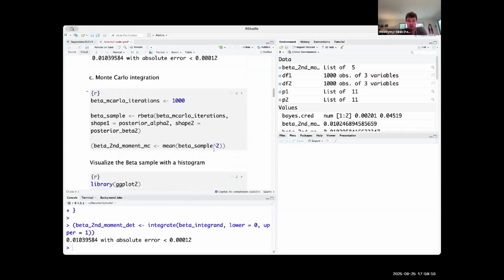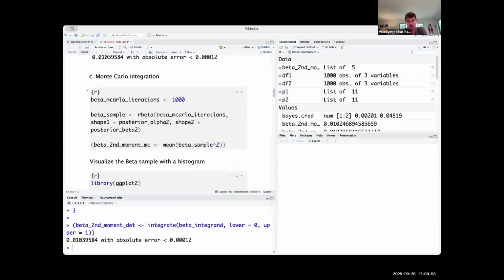Now we can do Monte Carlo integration. Suppose I draw random samples using the rbeta function. We're going to draw 1,000 samples from a distribution with parameters given by our posterior formulas that we defined already. And I'm going to return the mean of these samples, but I'm going to square them, right?